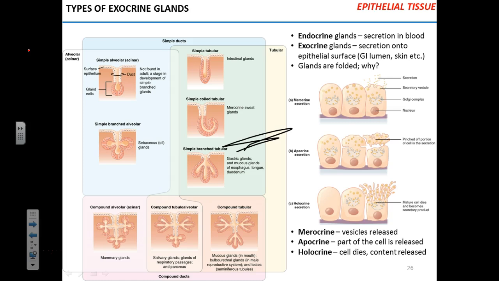If I ask you about, say, stratified squamous, you can imagine it's going to be something very obviously abrasive, skin or mouth, okay? If I ask you about cuboidal, I focused on the thyroid gland and kidneys, okay? So have that appreciation, okay?